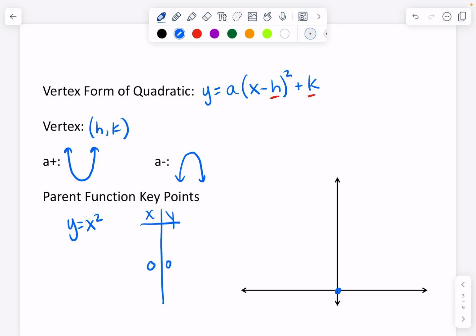Then if I plug in -1 and +1, I'm just going to go up 1. And if I have -2, +2, I go up 4 from my vertex. So I go over 2, up 4. Just a reminder, that's what our parabola looks like. It's not linear. It has some curve to it.